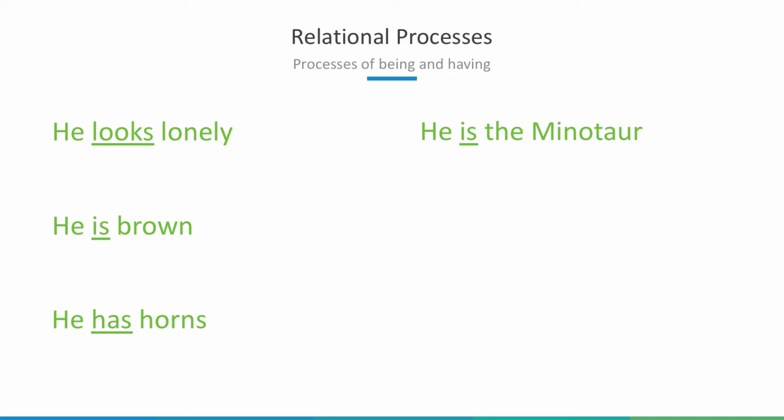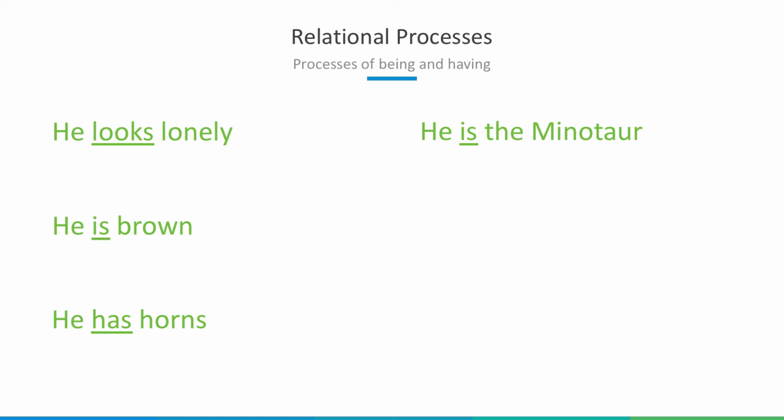Now, the most common relational processes are being and having. So, for example, he looks lonely. He is brown. In this sentence, is relating the Minotaur to brownness. He has horns. In this one, the verb has is relating the Minotaur to some feature, some part of his body.